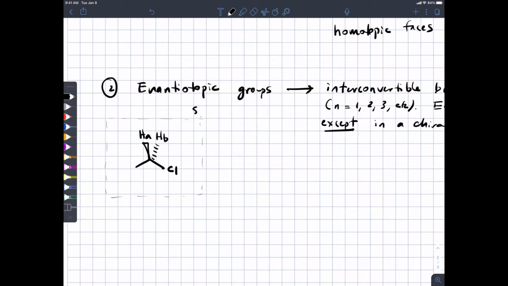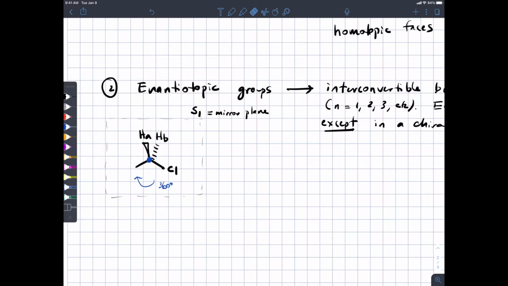And that mirror plane is really just an S1 axis of symmetry. That is, if we put the axis right here, spin the whole molecule around by 360 degrees, and then reflect it, HA becomes HB. Alternatively, you can just think, okay, well, the S1 improper rotation is a mirror plane. So if you can find a mirror plane that exchanges the positions of HA and HB, then they are enantiotopic.